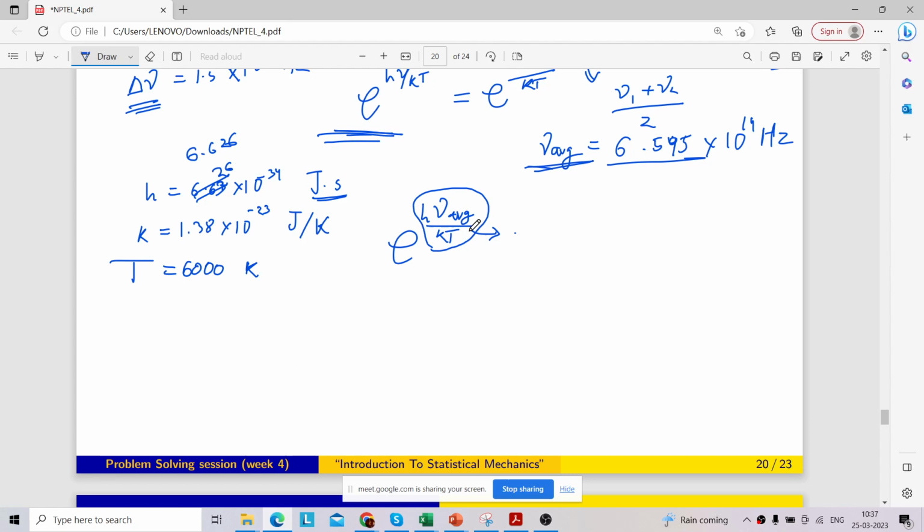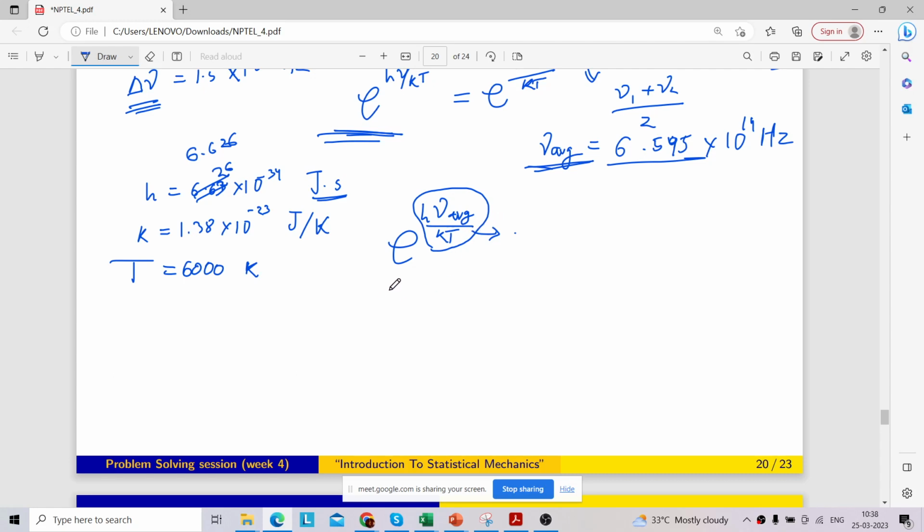Let me also do it. 6.594 divided by 1.38 times temperature, 6000.